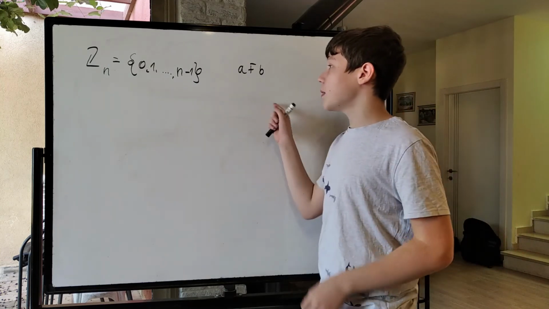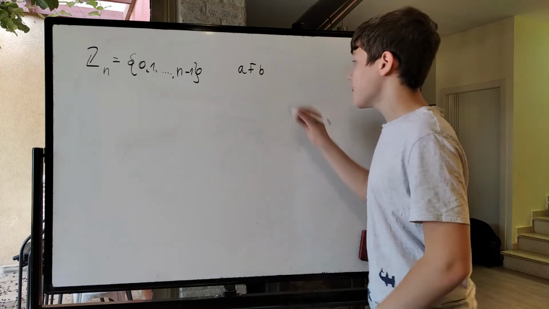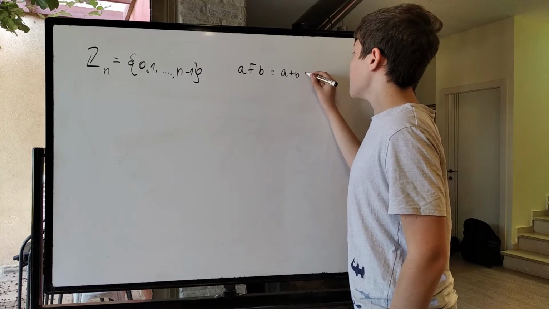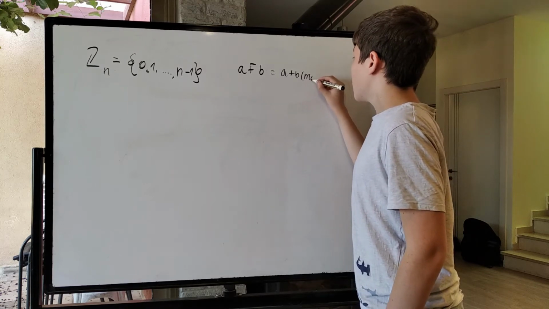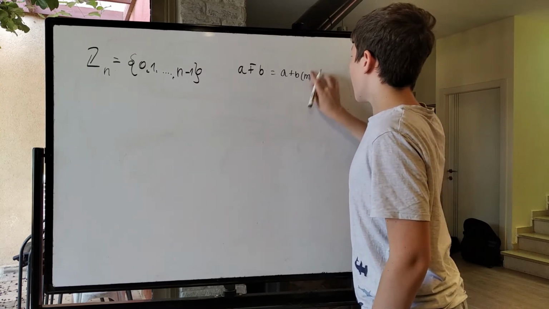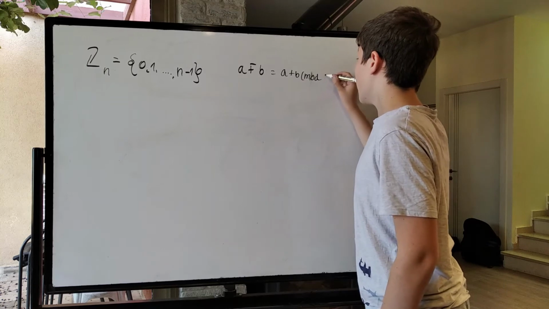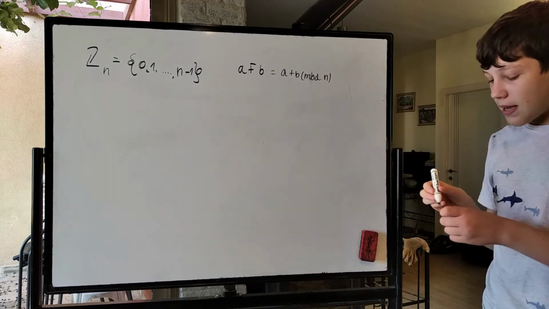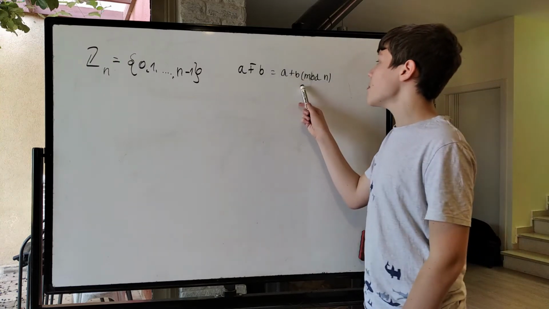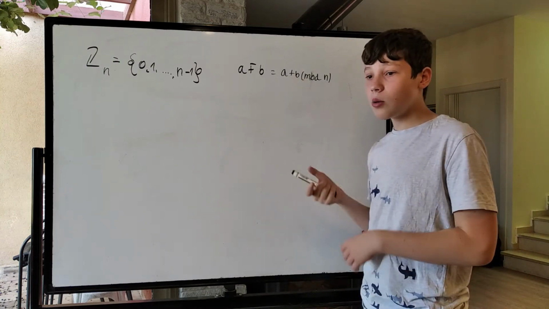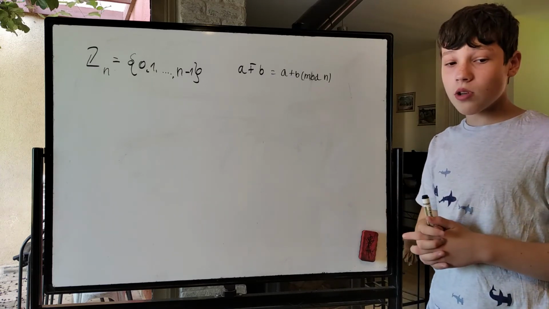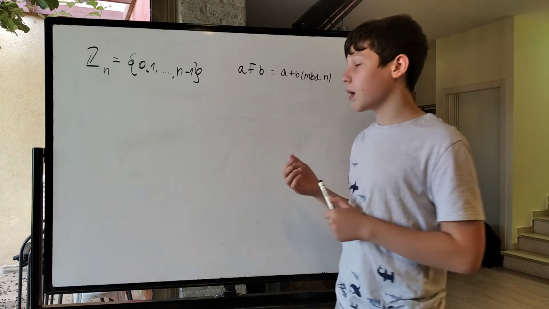So A plus B in Zn is the regular sum A plus B mod n. And if you don't know what mod n means, it basically means take this number, divide it by n, look at what's the remainder. So 13 mod 5 is 3, because you have a remainder of 3 after dividing by 5.